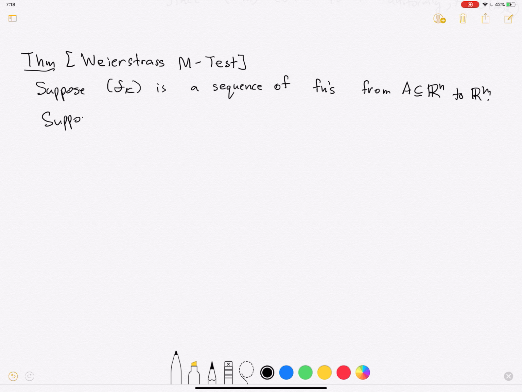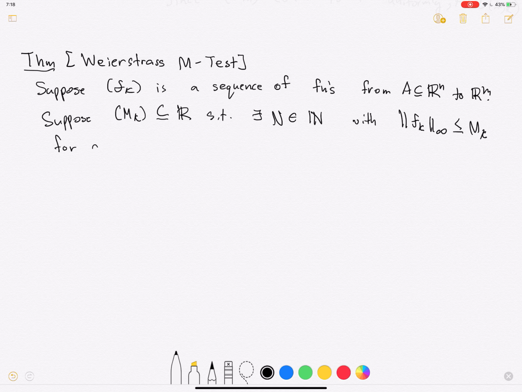Now suppose there's a sequence M_k, where each M_k is a real number, such that there's a natural number n with the infinity norm of f_k less than or equal to M_k for all k greater than or equal to n.